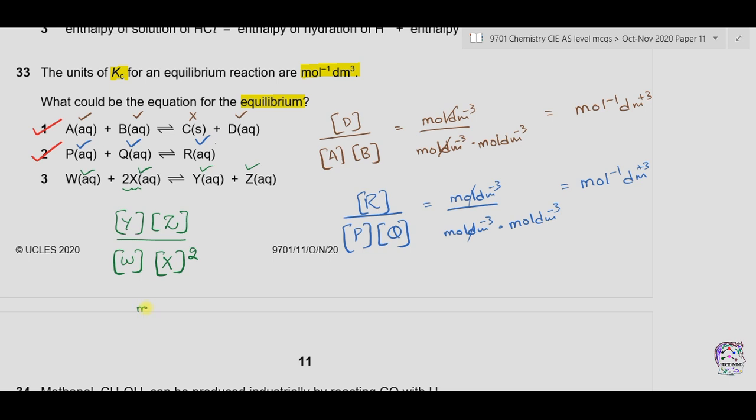Now we can find the units: mole per decimeter cube for Y, mole per decimeter cube for Z, mole per decimeter cube for W, and mole square decimeter minus 6 for X square. Cancelling out the values, we have per mole decimeter plus 3 left. So 3 is also correct. Therefore answer is A.